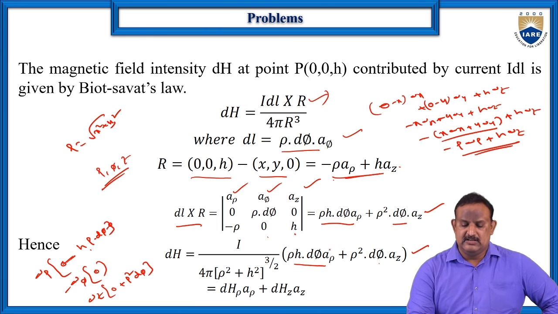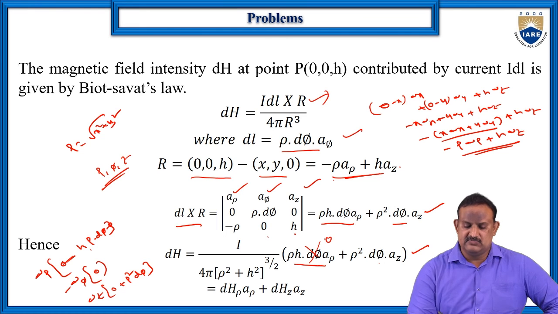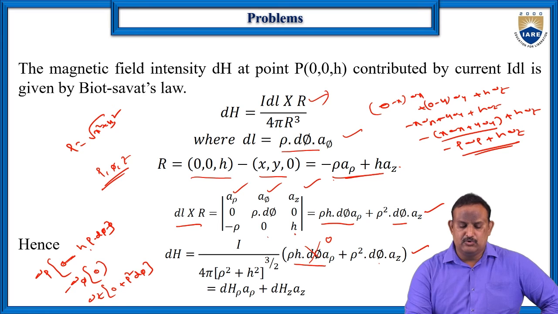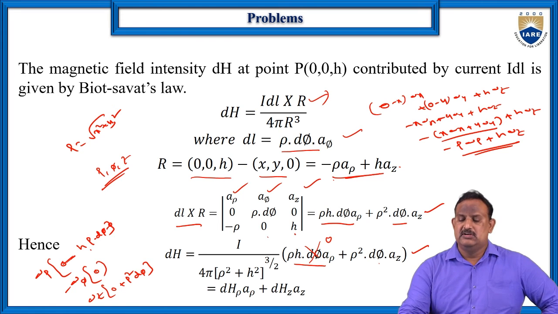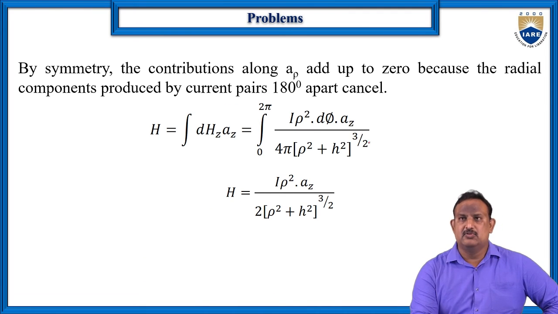According to the symmetry, we can substitute a rho equal to 0, so this term becomes 0. Then dH equals I rho square d phi a z by 4 pi (rho square plus h square) whole power 3 by 2.